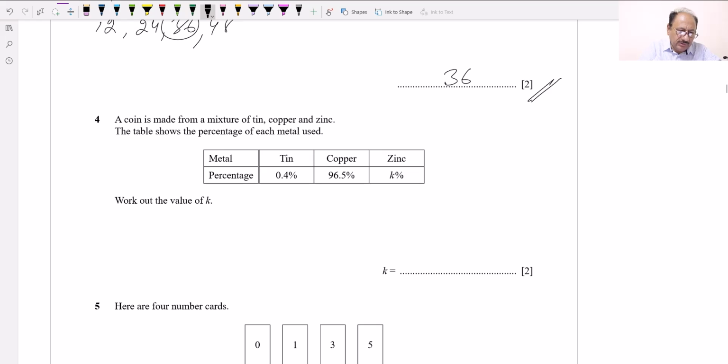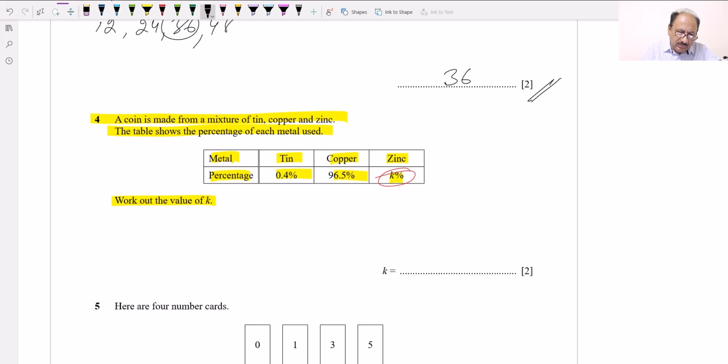Question number 4 says a coin is made from a mixture of tin, copper, and zinc. The table shows the percentage of each metal used. These are the metals used, and these are the percentages, and this K percent is what we need to find. Work out the value of K. So these should add up to 100.